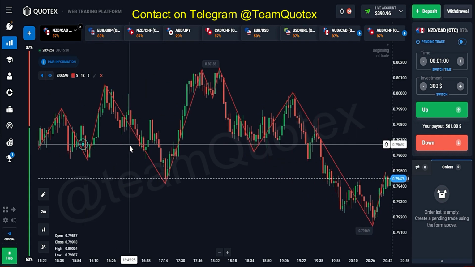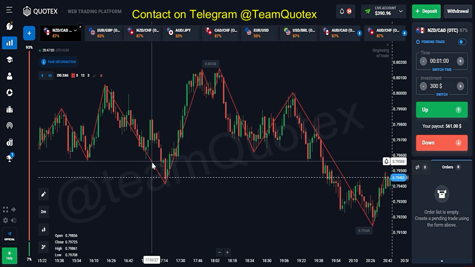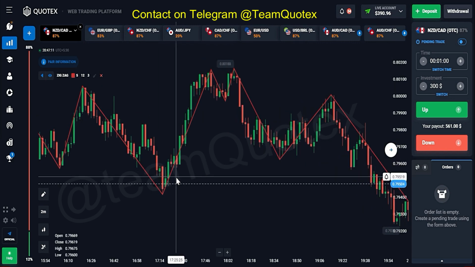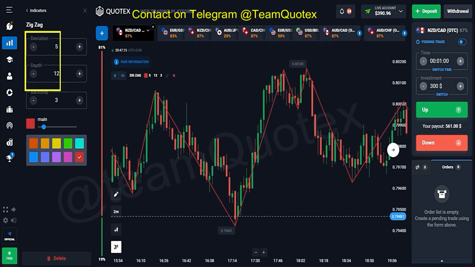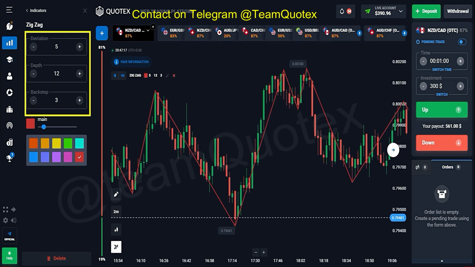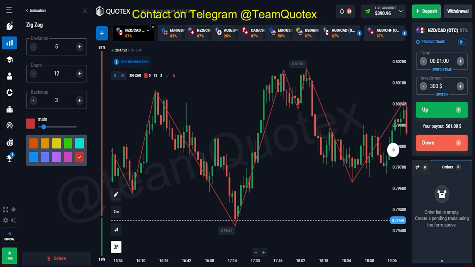So first we have to identify the proper setting of the indicator. What is the actual setting you have to use while using the zigzag? Personally I recommend you just click on this icon and you can see there are 3 values. Backstep 3 and deviation 5, but depth is 12, and I am suggesting you please change depth and use 6 instead of 12.